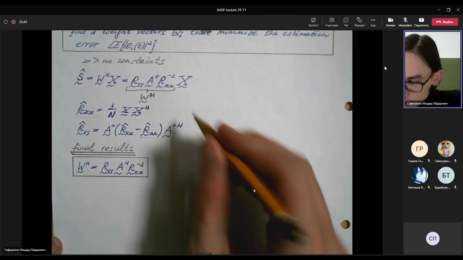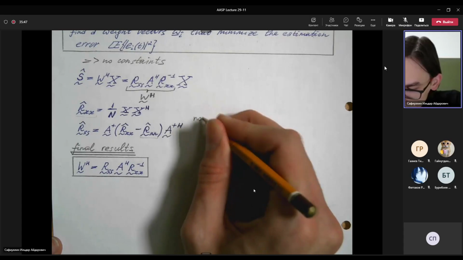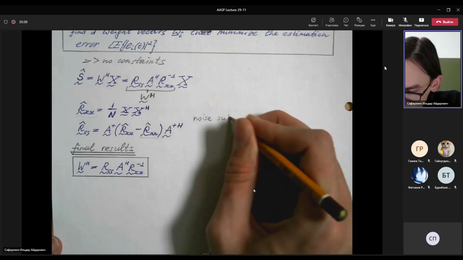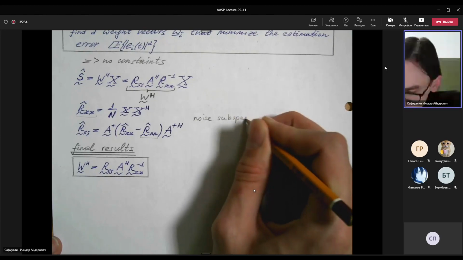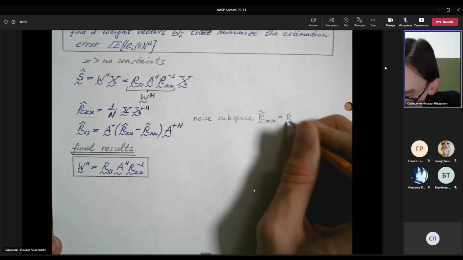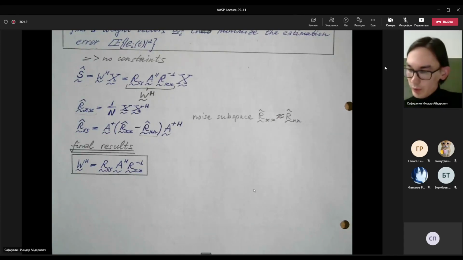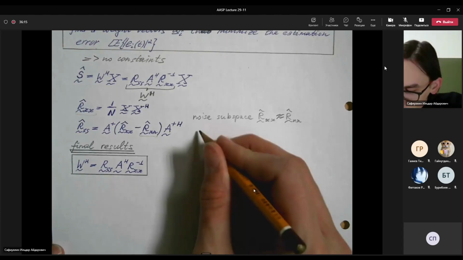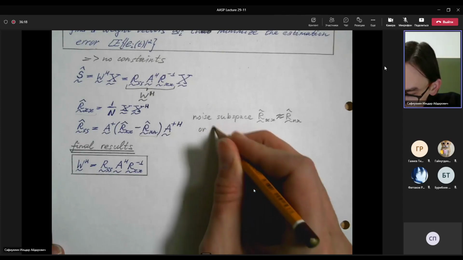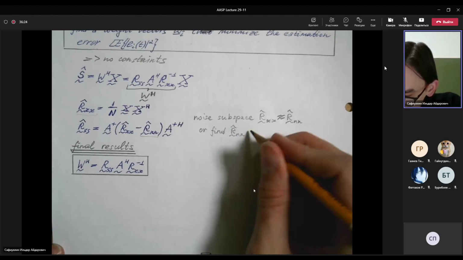Then, let's say, the noise subspace of Rx is approximately equal to RNN, maybe like this one, or we can find RNN, let's say, from statistics.